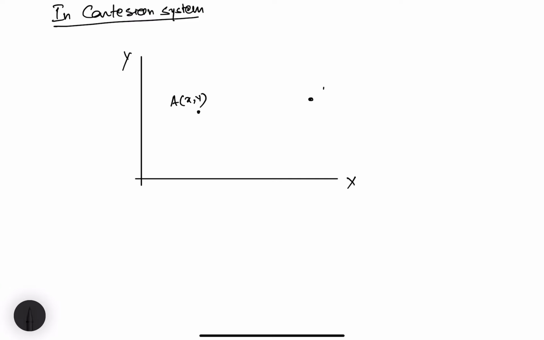I have another coordinate here which is B. Let me call this x1 comma y1, and this is x2 comma y2. Okay. Now I draw a vector between A and B.